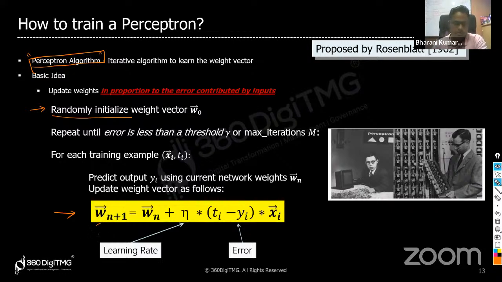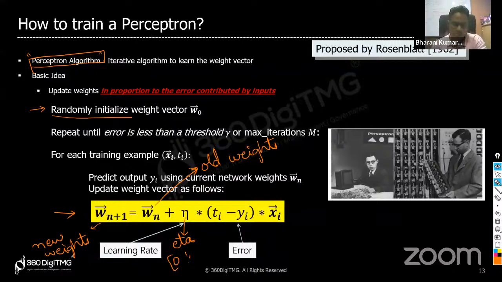New weights is equal to old weights plus eta value. This is called the eta value, and this eta value ranges from 0 to 1.